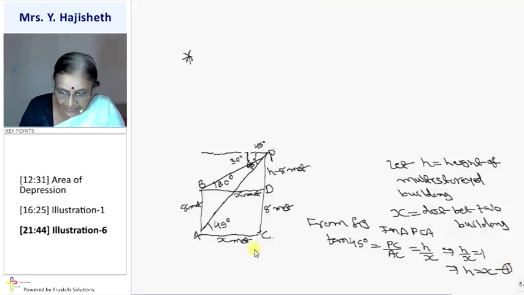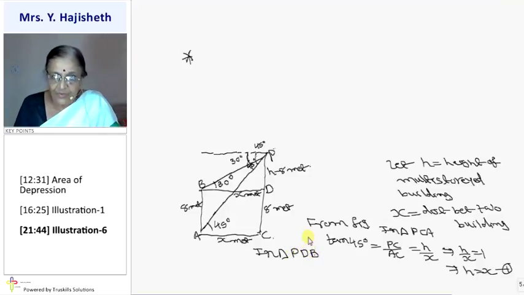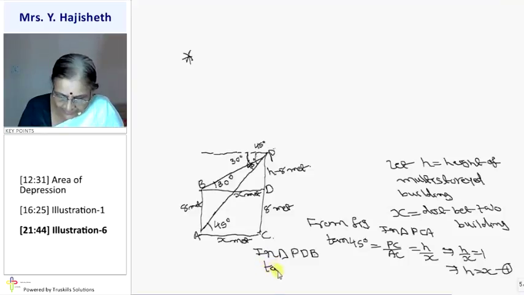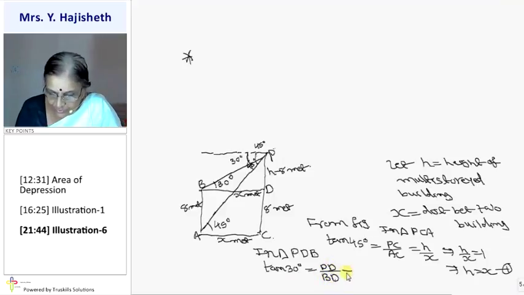Now I will take another triangle, chota. In triangle PBD. उसमें भी मैं क्या लूंगी? tan 30. tan 30 is PD upon BD. Clear? So tan 30 degrees is 1 by root 3. PD is h minus 8 and this is my x.